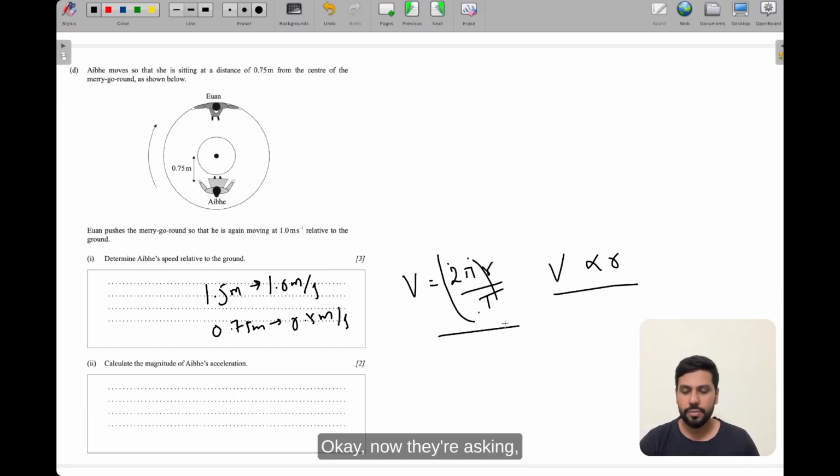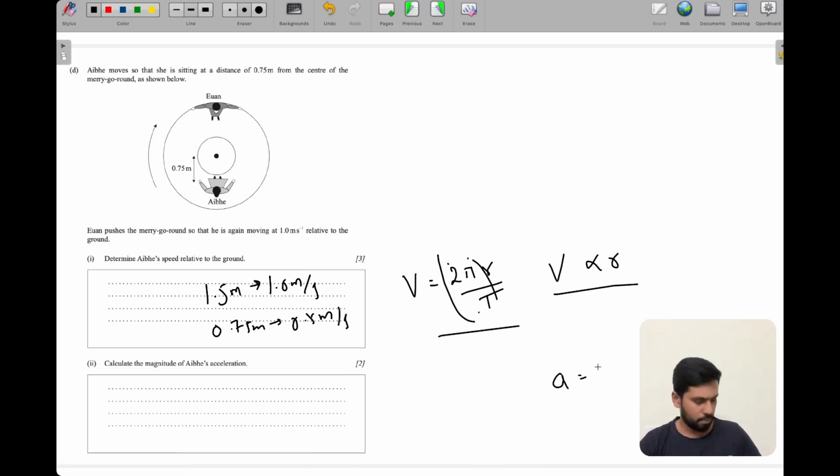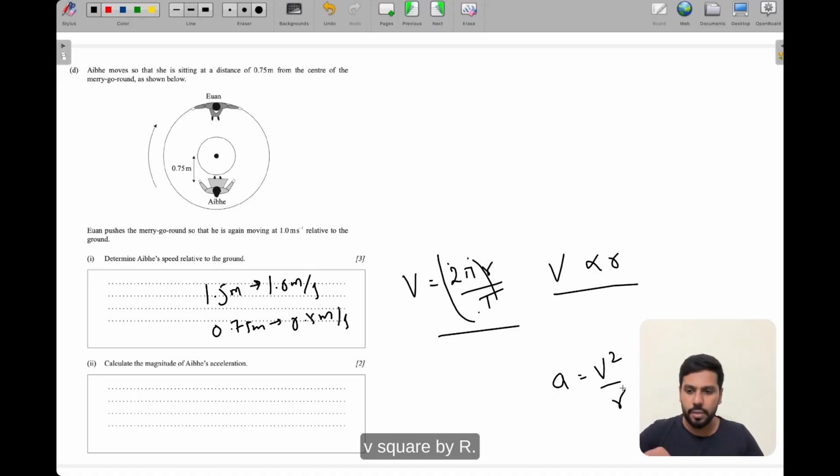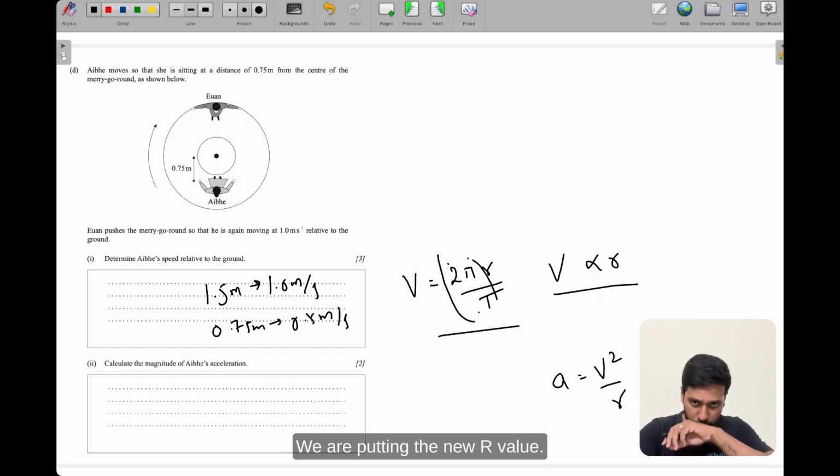Now they're asking to calculate the magnitude of ape's acceleration. You know ape's velocity has changed. The formula of acceleration is v squared by r. Now you are putting the new v value, that is 0.5, and the new r value also.